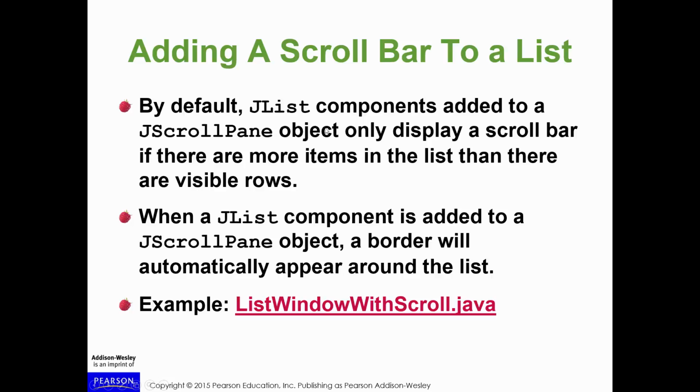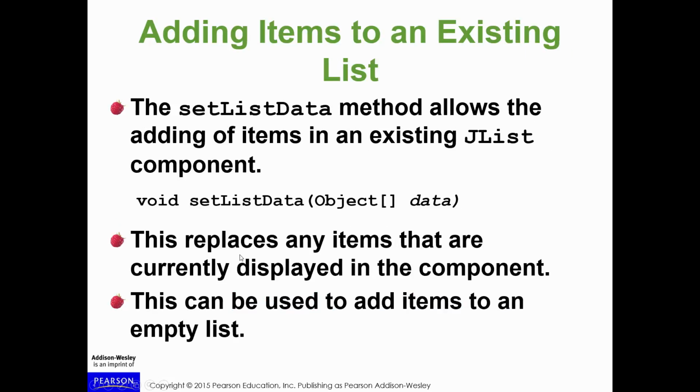Notice by default, it only displays a scroll bar if there are more items in the list than there is room to show them. When you add the list component to the scroll pane object, the border will automatically appear around the list, and as always, there are examples of this in the text.